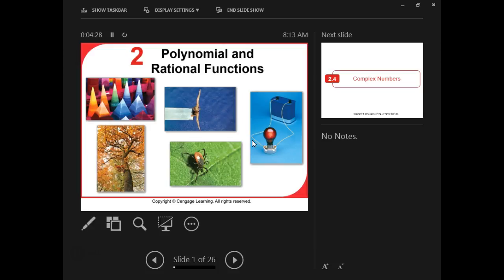Number 5. The blank theorem states that a polynomial has a factor x minus k if and only if f of k is equal to 0. The what? Okay, that was the next one. Notice the word right before x minus k.